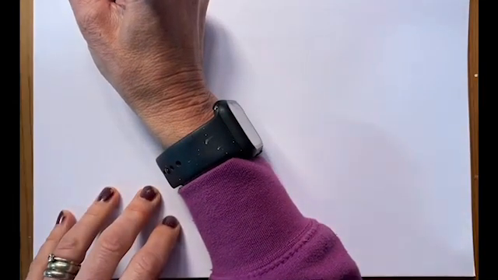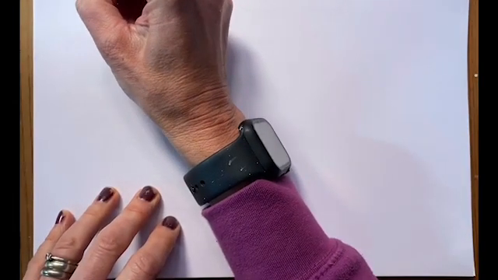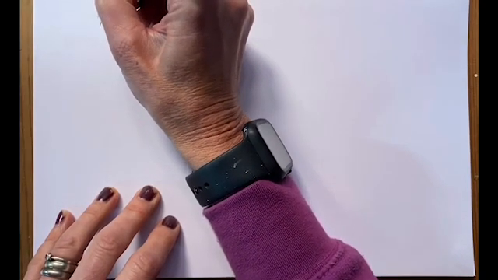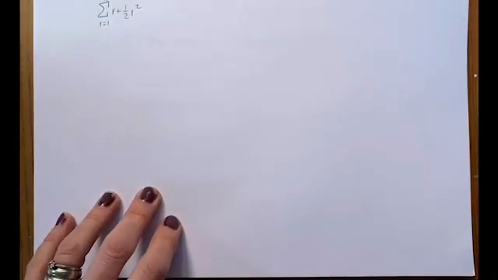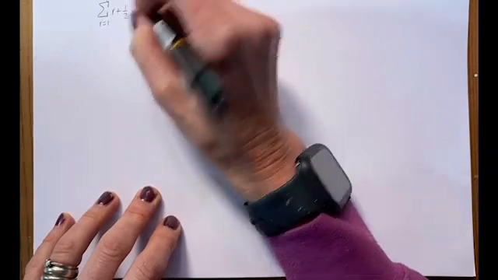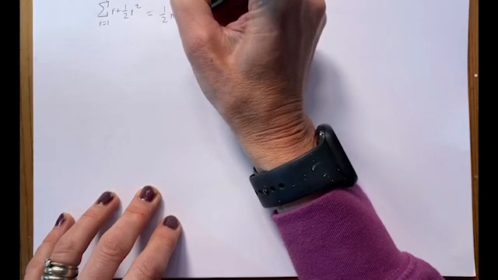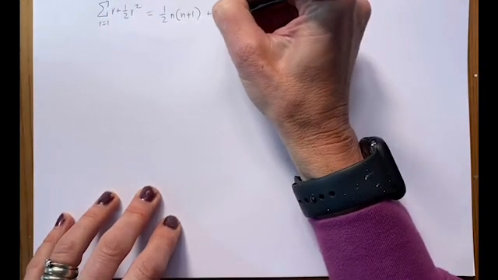So, you've already met the idea of finding the sum of a series using standard results from Year 1. For example, you might have been asked to express in terms of n the following sum, and then you use the standard result for the sum of r, which was a half n times n plus 1, and then a half of r squared.